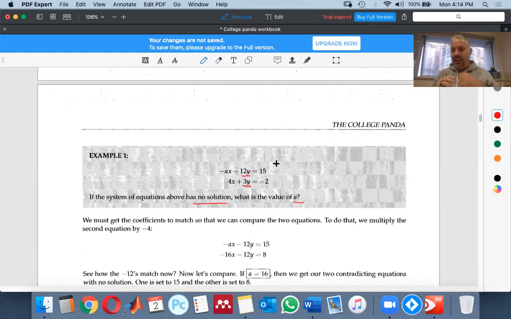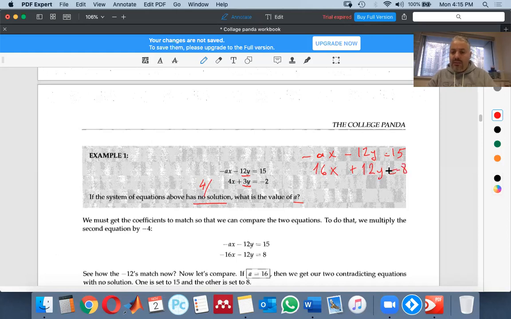It's clear that 4 times 3y will be 12y. So if I rewrite the given question, negative ax minus 12y is 15, and if I multiply by 4, 4 times 4x, 16x, 4 times 3, 12y, is equal to 4 times negative 2, negative 8.